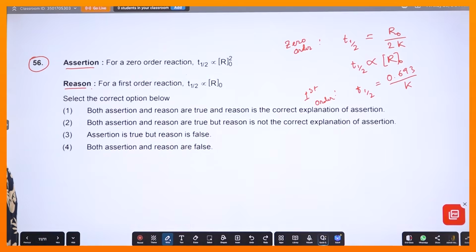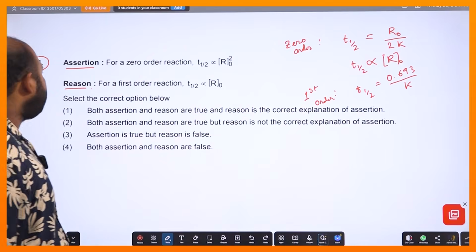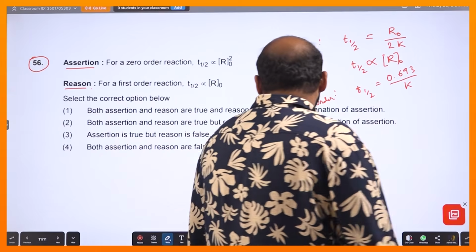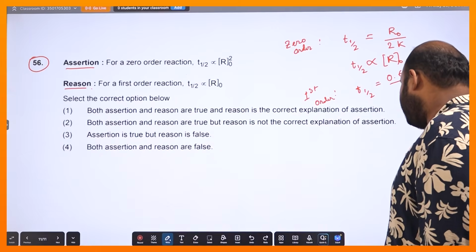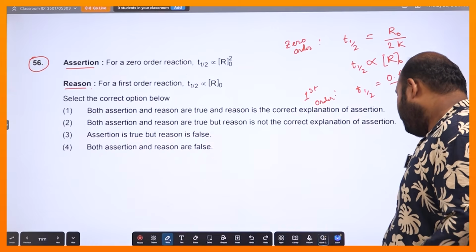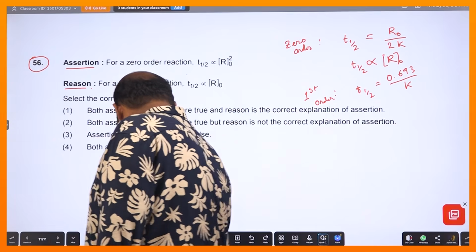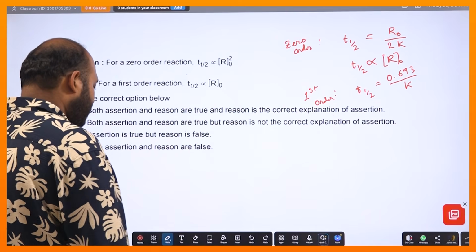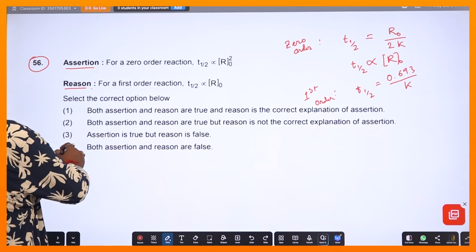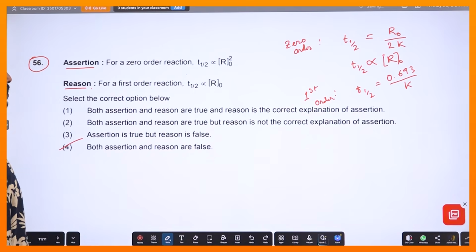Hopefully you understood this question. Both the assertion as well as the reason are incorrect. So option 4.